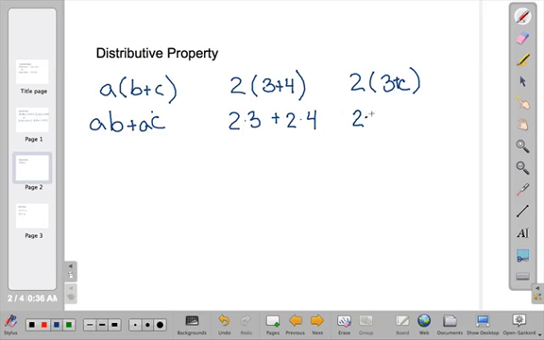So that'd be 2 times 3 plus 2 times C. And see, in this situation, I couldn't have added these together because we don't know what C is, but I can simplify this further. And we'll get more into the distributive property in one of the later videos for this unit. So the distributive property has to do with sharing the number on the outside of the parentheses with each of the numbers on the inside of the parentheses.